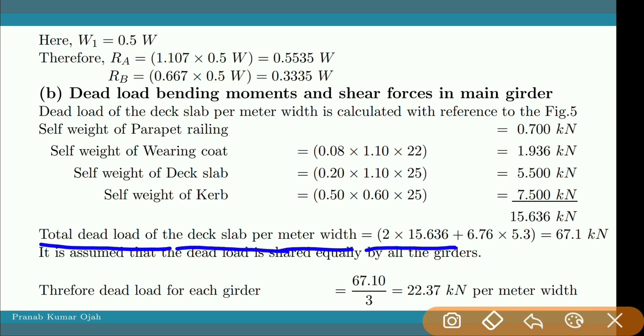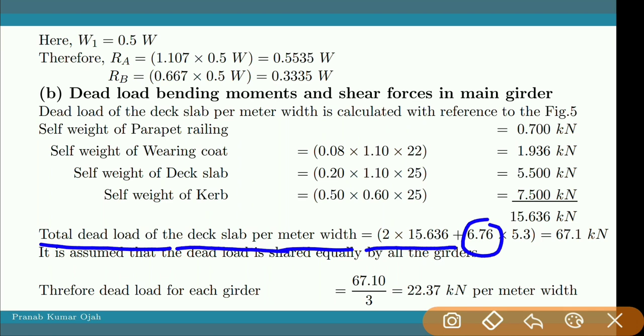Then this is the self weight of the slab panel, which we already calculated in part 1 of the video. We discussed it in the last video where we designed the slab panel.